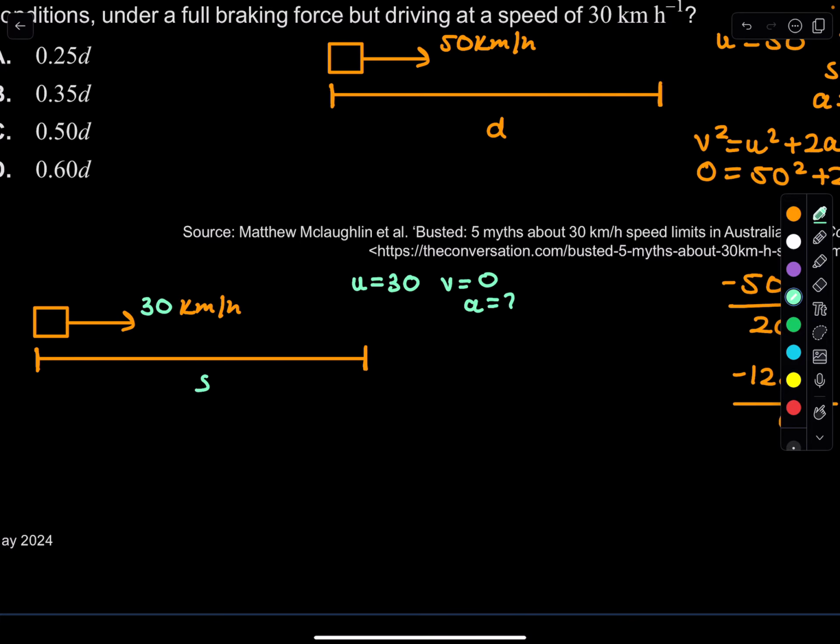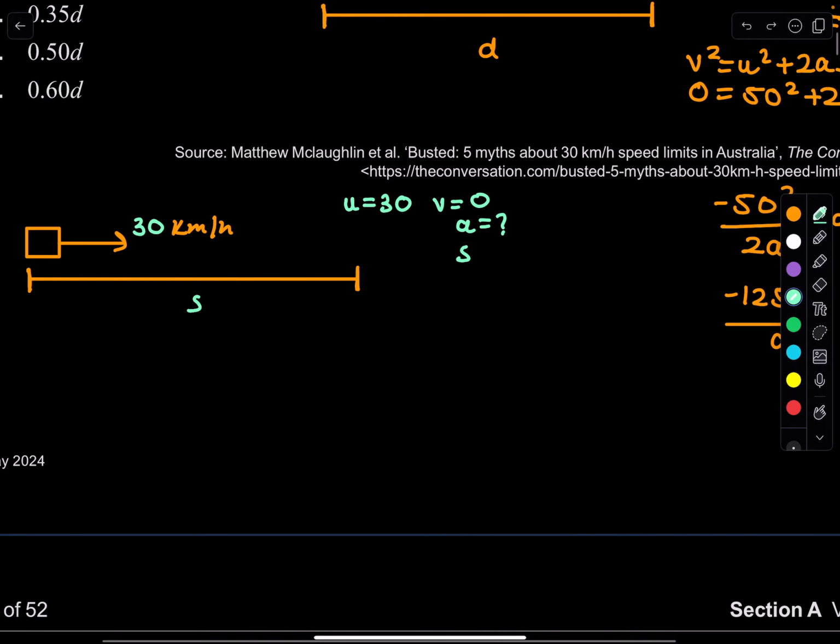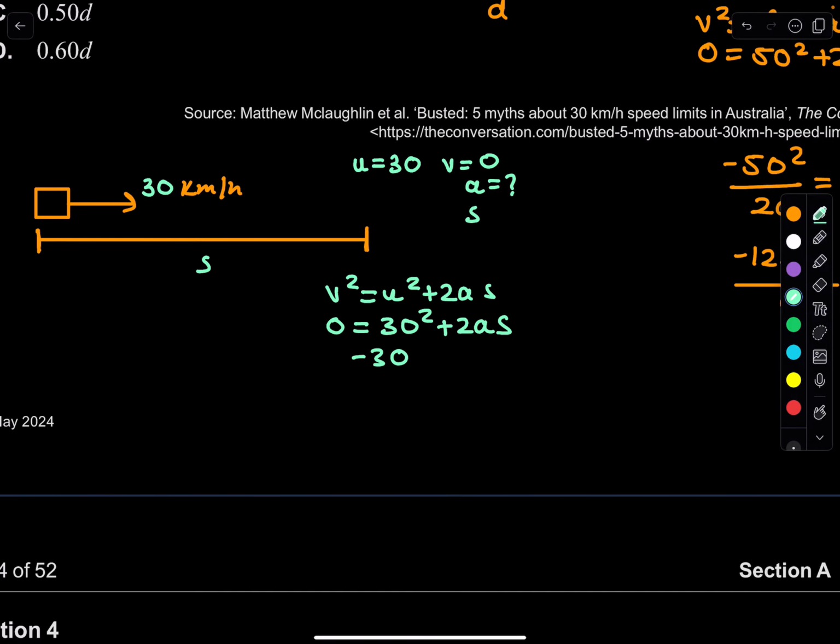Your acceleration is unknown, but your displacement is going to be S. All right, so we're going to use the same formula. V squared equals U squared plus 2AS. So V is 0, U is 30 squared plus 2AS, which is negative 30 squared over 2A, and that's going to be our S, which hence is negative 30 squared over 2. Basically, that's going to give me negative 450 over A, our S.